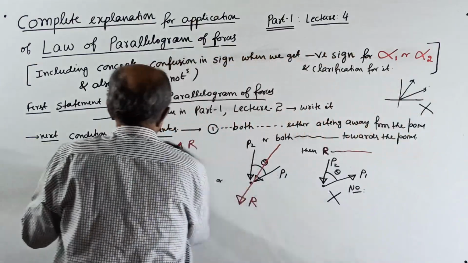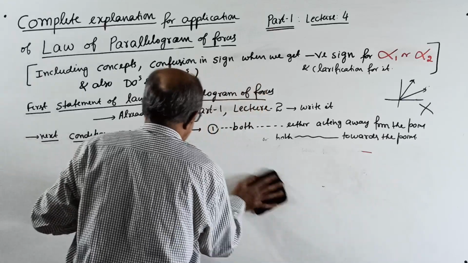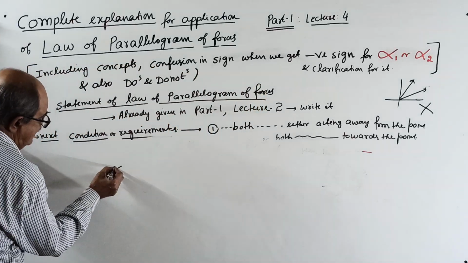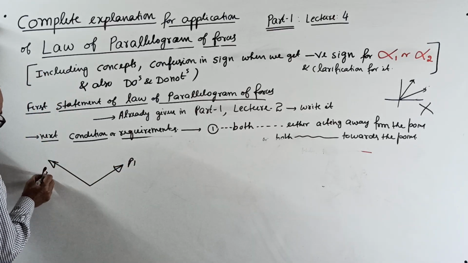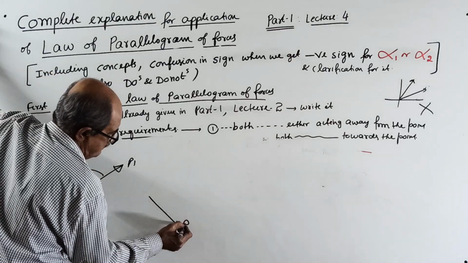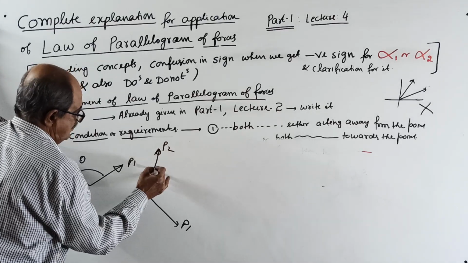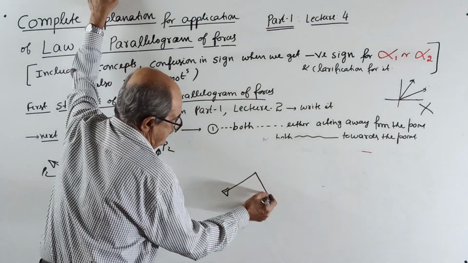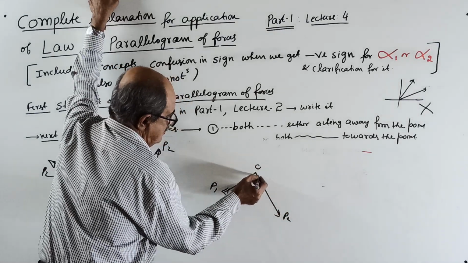After this, you have to write: there is no restriction. You can apply the law. If one force is this way, P1, the other can be here also, P2, at angle theta. Or if one force is this way, P1, the other can be this way also, P2, theta. Or if one force is this way, the other can be this way also, P2, O, theta.